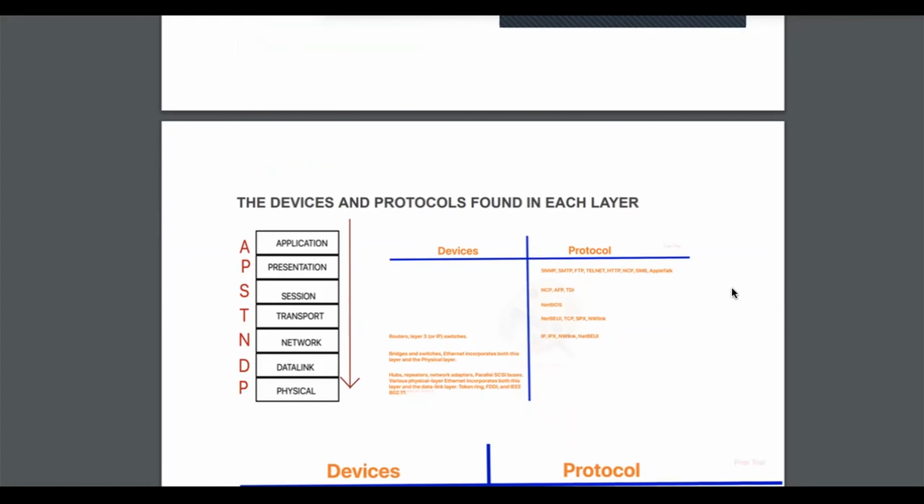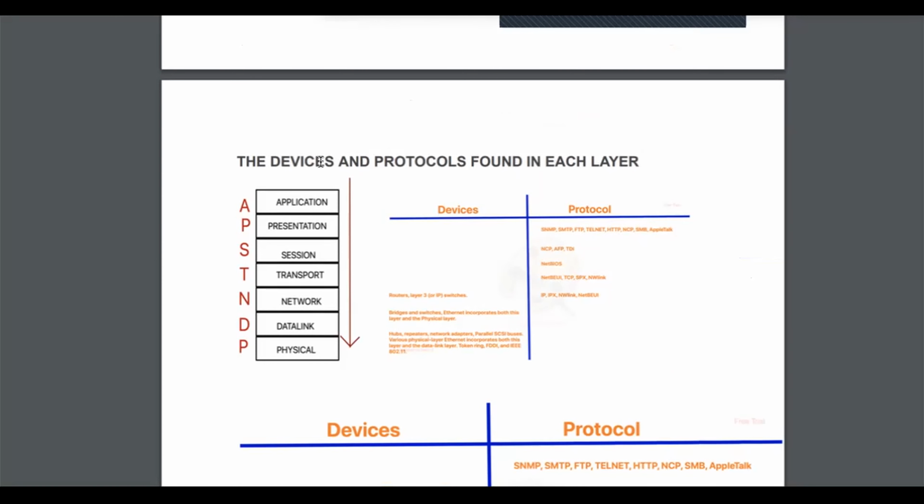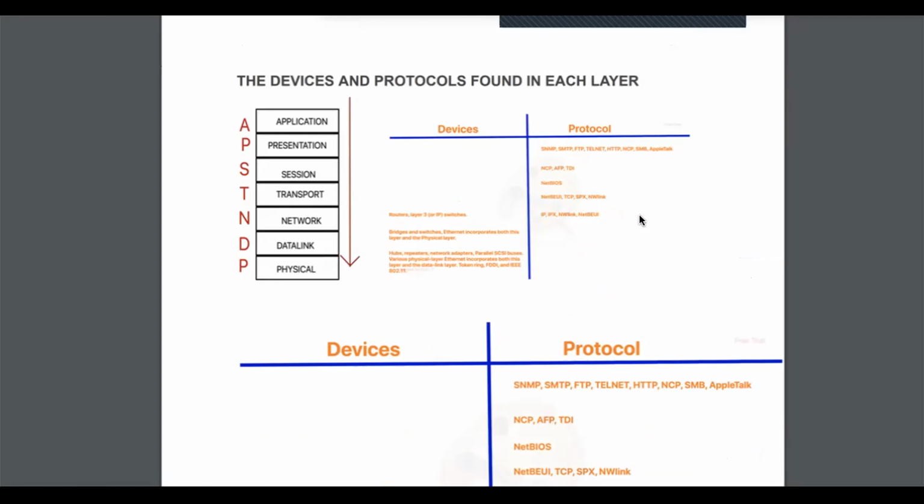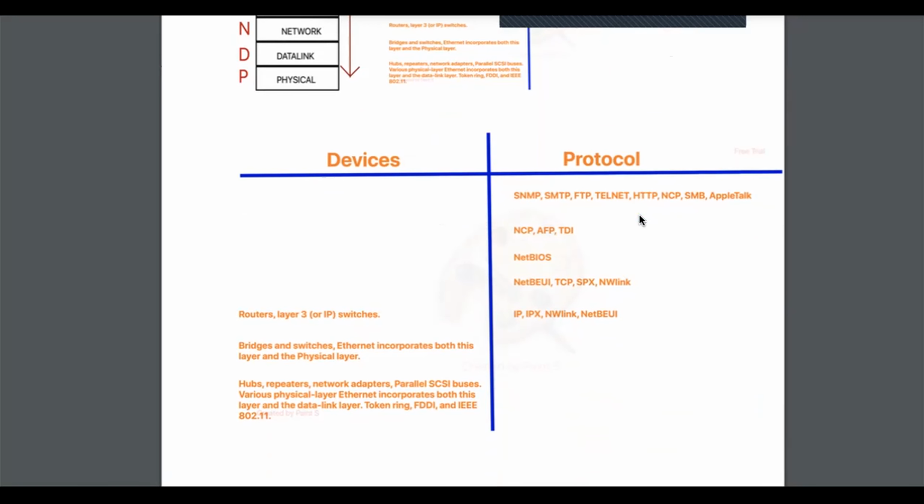So moving on to the protocols and the devices that we find in each layer. Let's move to discussing the devices and the protocols found in each layer of the OSI model. Let's start from the bottom to the top.